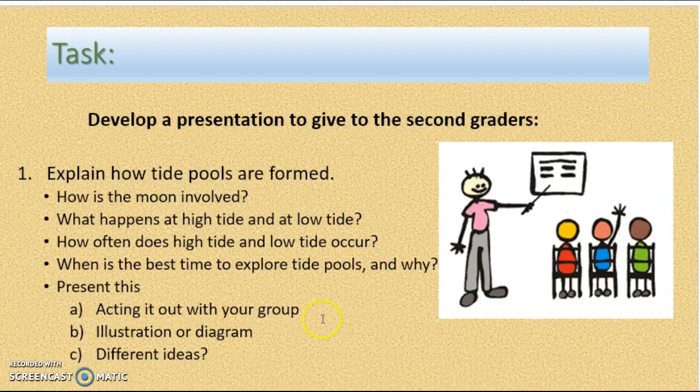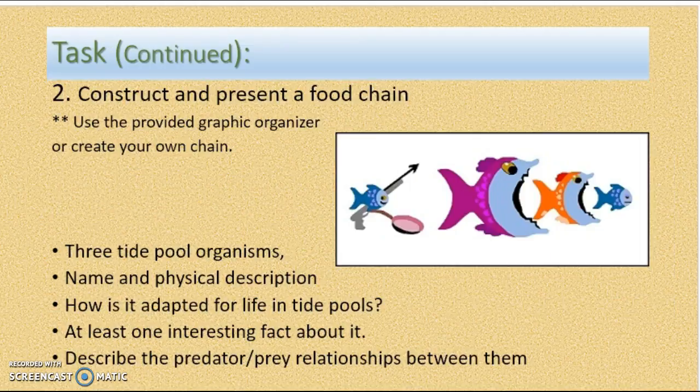You're going to present this by acting it out with your group in a role play or illustrating or drawing a diagram. And if you have different ideas, that's okay too. You'll just need to clear it with me beforehand so we make sure they're okay.